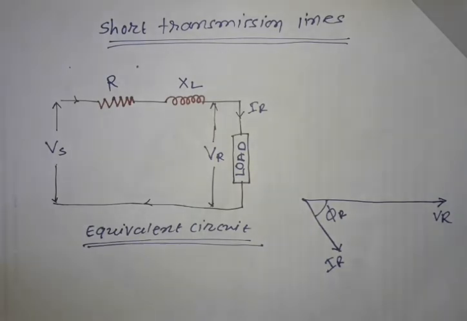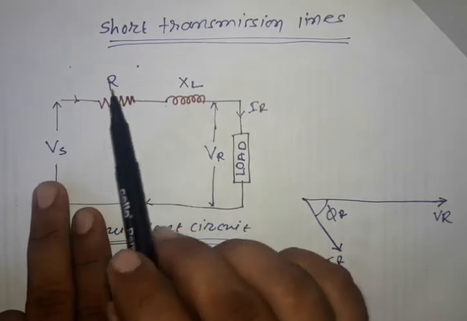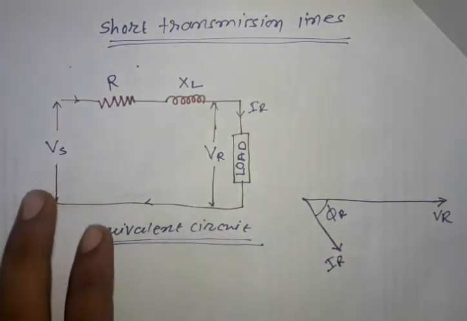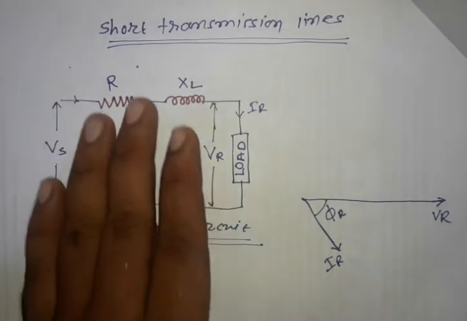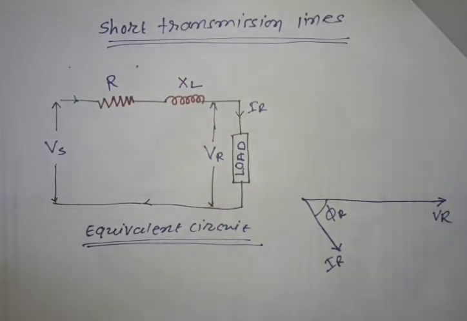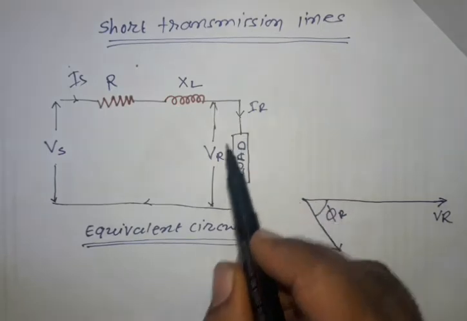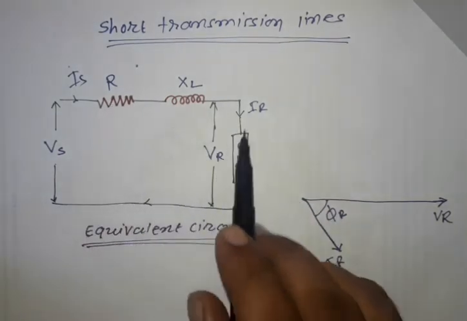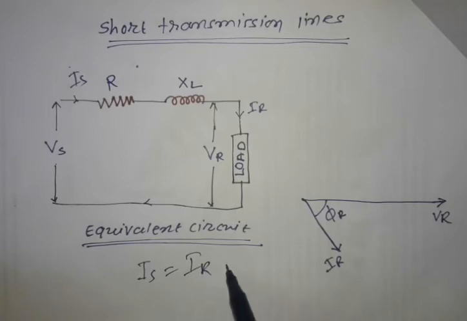So from Vs to VR there is a drop due to impedance, an impedance drop including the resistive drop and the reactive drop. To find VR, first we find this resistive and inductive drop, which is due to the current flowing through them. Here the current Is flows through, which is also equal to IR because there is no shunt element. So the current Is is equal to IR, and we take it as the same current I.